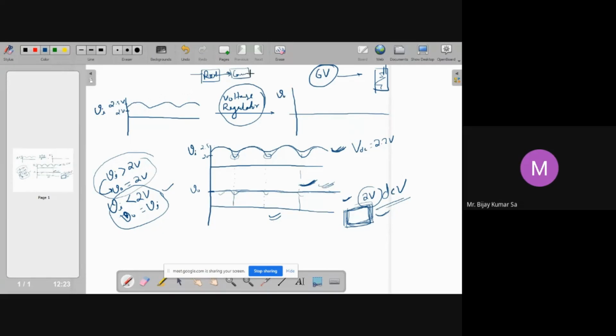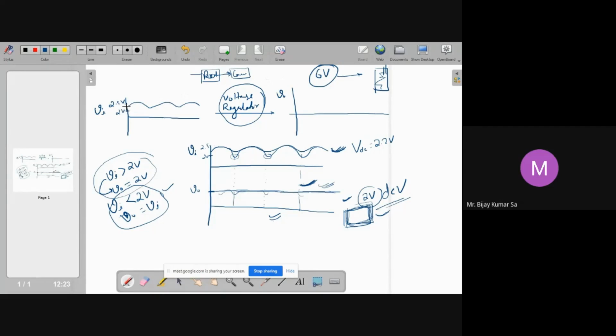So the capacitor filter reduces the ripples, but it is still not ripple free. If you want a constant DC voltage, the signal should be such that even in the presence of ripples, it is well above the required 6 volt. Let's say we have a 6 volt DC requirement.